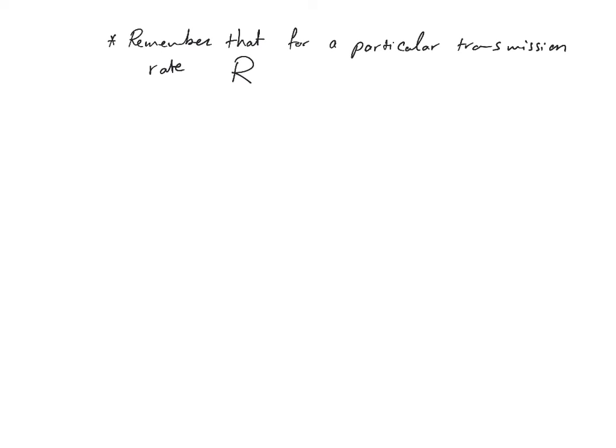Now, given that this is the situation, and given also one important thing, remember that for a particular transmission rate R, you need a channel bandwidth of at least R hertz, right?